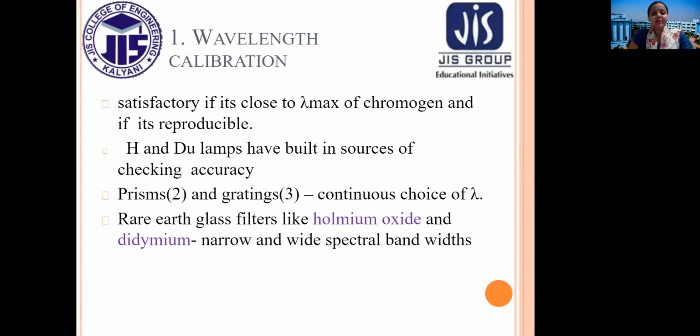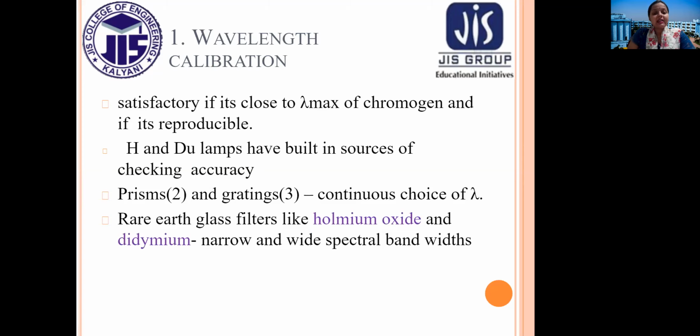Now, wavelength calibration. How can wavelength be calibrated in a spectrophotometer? It is satisfactory if it's close to lambda max of the chromophore and if it is reproducible. H and DU lamps have built-in sources for checking accuracy. Prism and gratings give a continuous choice of lambda.